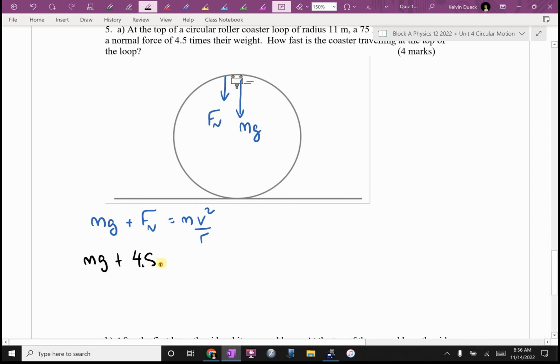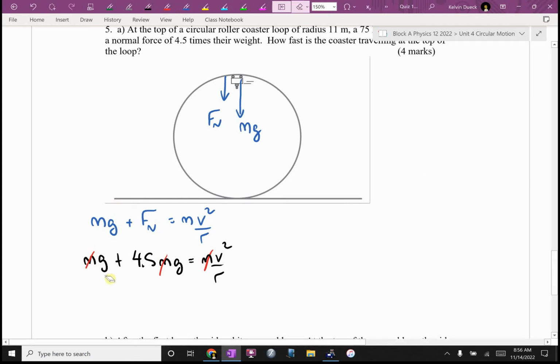Or if I'm just doing my equation times mg equals mv squared over r. Here's where I noticed something. First of all, is there an m in everything? Yeah. Everyone's going to feel 4.5 times their weight, whether they're a small kid or a grown-up.